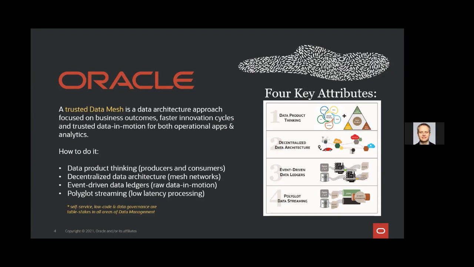It can make use of different types of event-driven data ledgers depending on the use cases and the requirements. And finally, we are speaking about the polyglot data streaming, which is the real-time processing for all data types.